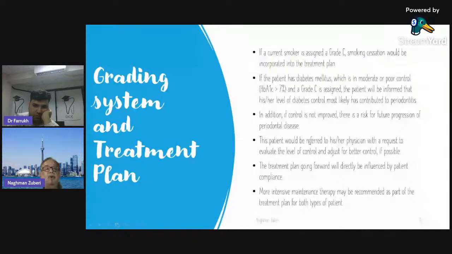This patient should be referred to their physician for better control if possible. The treatment timing should directly be influenced by patient compliance. More intense maintenance therapy may be recommended as part of the treatment plan for both types of patients.